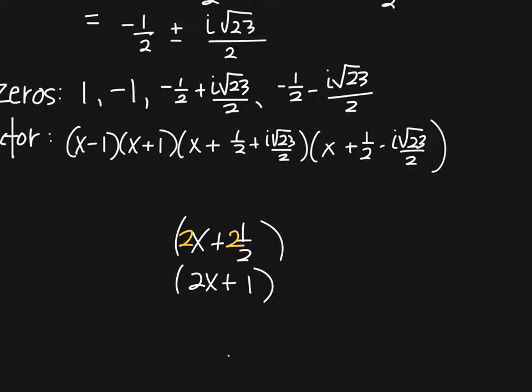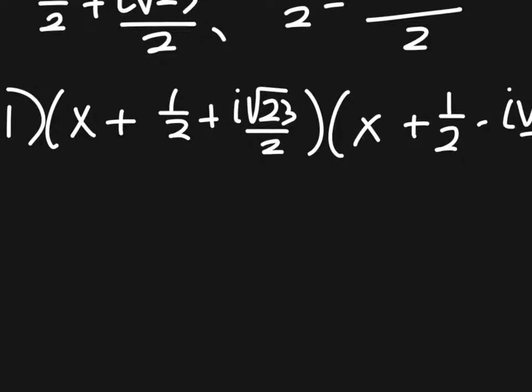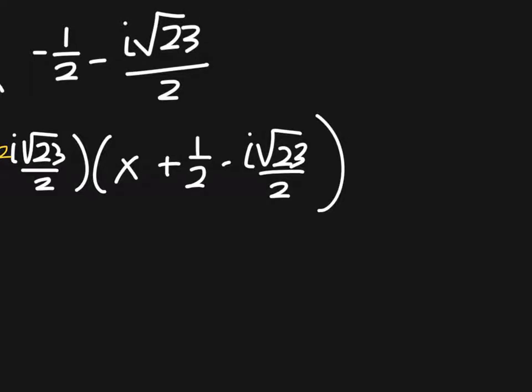So we want to do the same thing here. Okay, we can't leave our answer with fractions in the answer. So we're going to multiply this by 2, and that by 2, and this by 2. And everything within the parenthesis, 2.